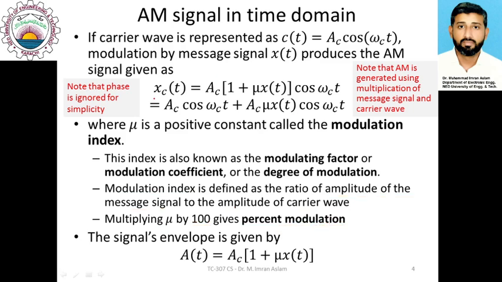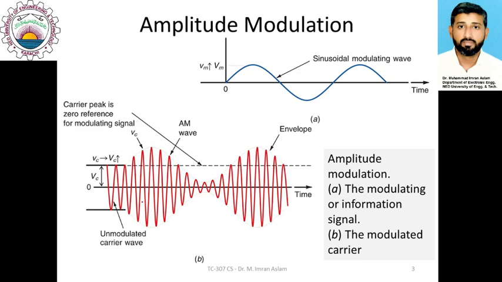If you look closely at this expression again, you would see that cos omega_c t is a sinusoidal function representative of the carrier wave, and this entire part is the amplitude of this sinusoidal function. So this is a time varying amplitude, as we can observe from this diagram of the amplitude modulated signal, where the amplitude varies with respect to time.